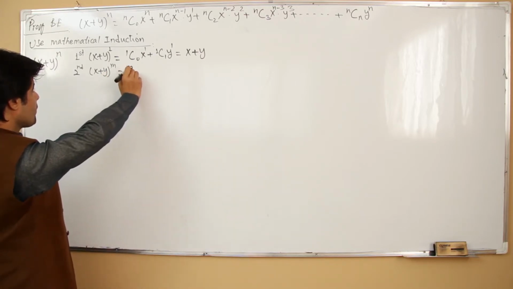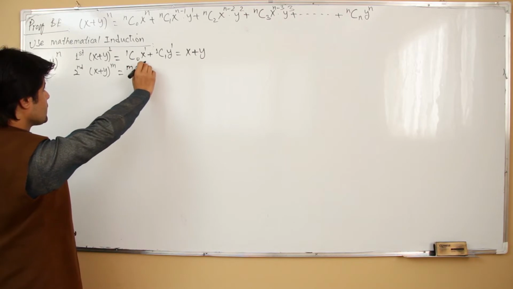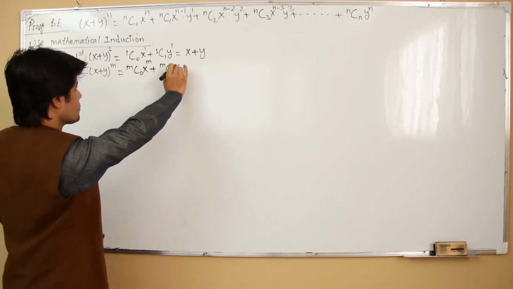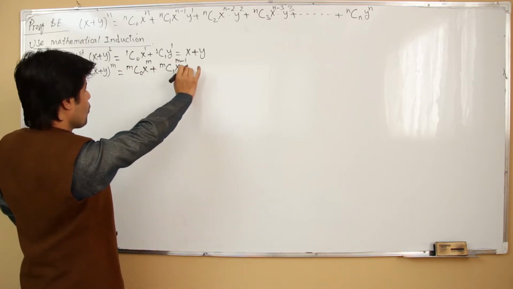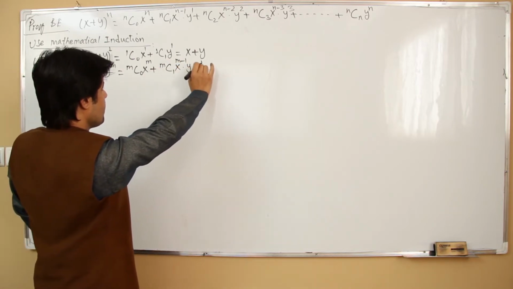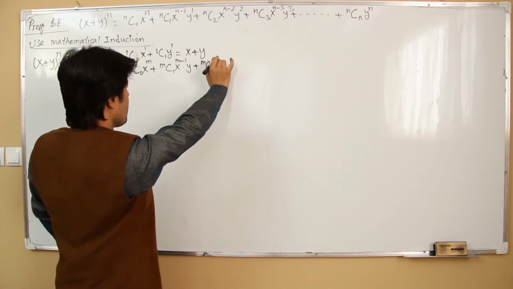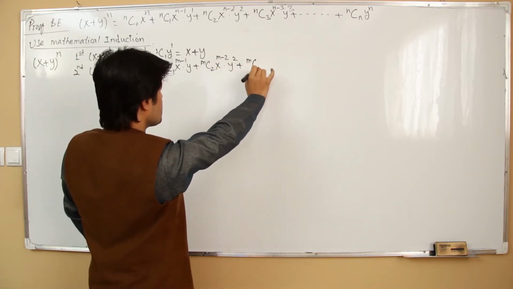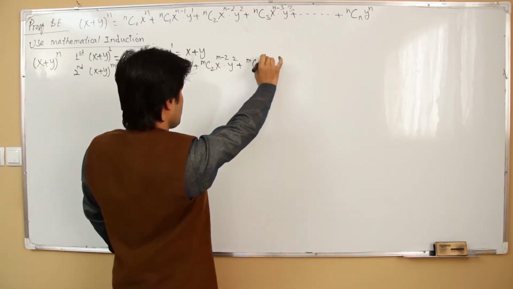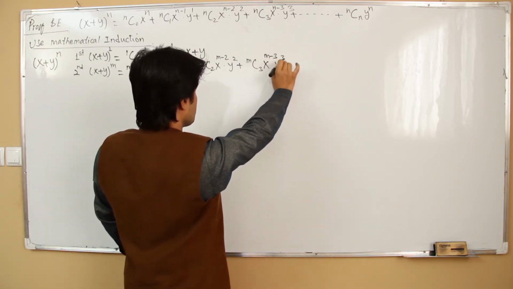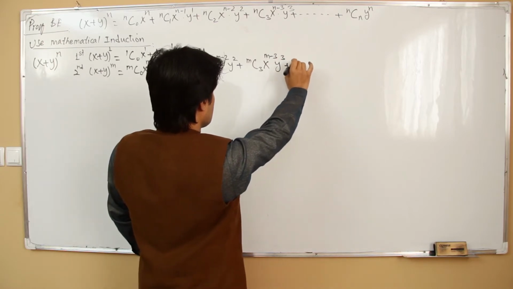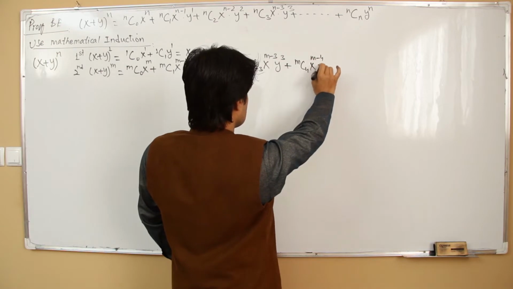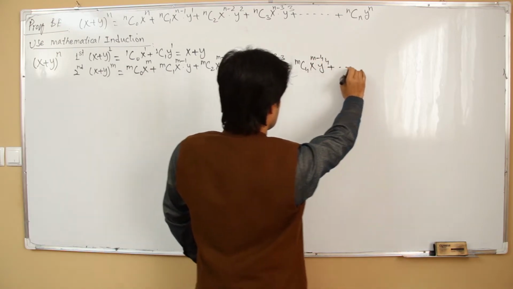You have mc0 x to the power m plus mc1 x to the power m minus 1 y, am I right? mc2 x to the power m minus 2 y to the power 2, mc3 x to the power m minus 3 y to the power 3, up to mc4 x to the power m minus 4 y to the power 4, up to what?